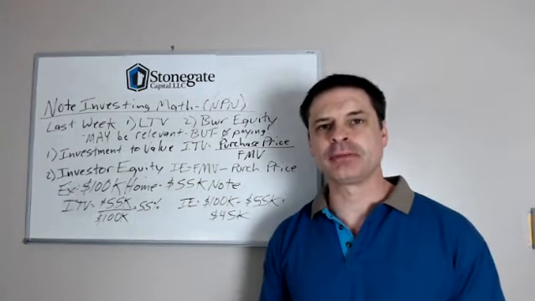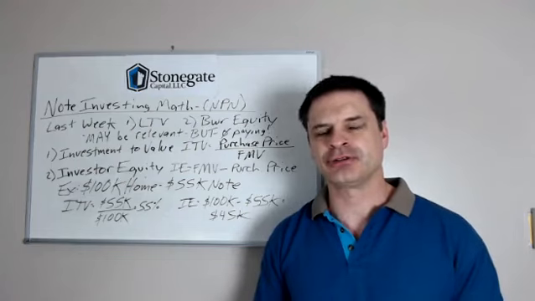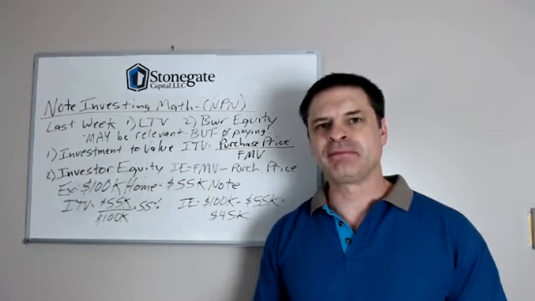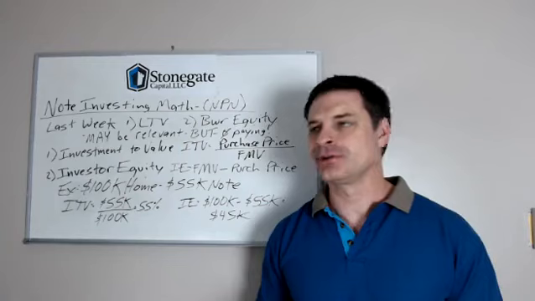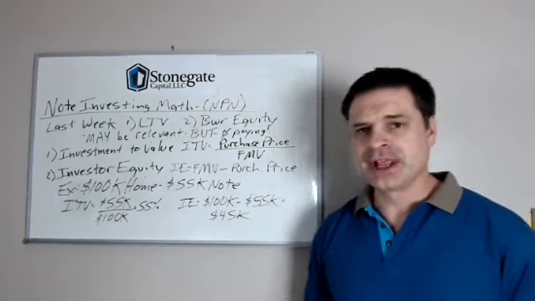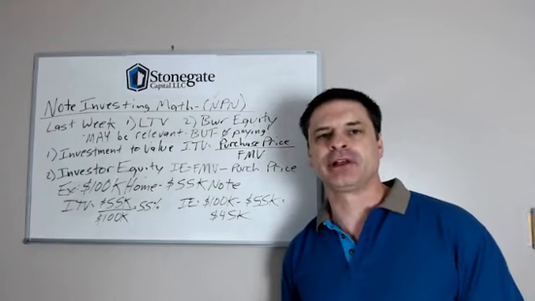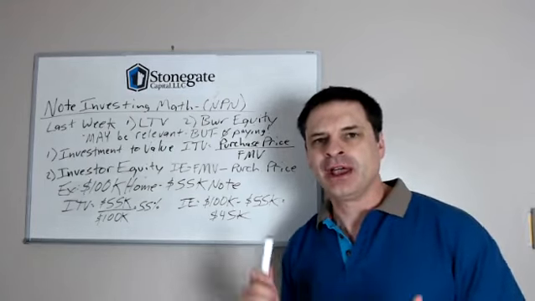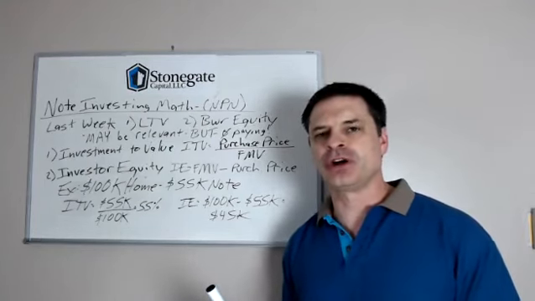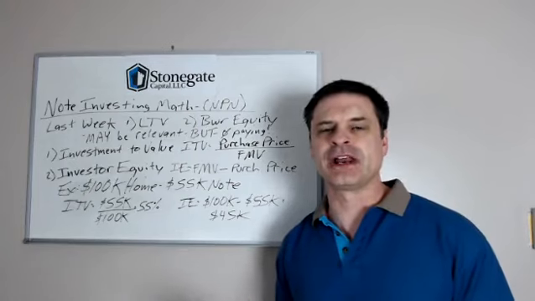This is Bill Griesmer, the managing member of Stonegate Capital, and I'm giving you a little 5-minute lesson here about note investing, which is what we do. Last week, you might remember, we talked about some simple math equations that were more applicable for looking at performing notes.